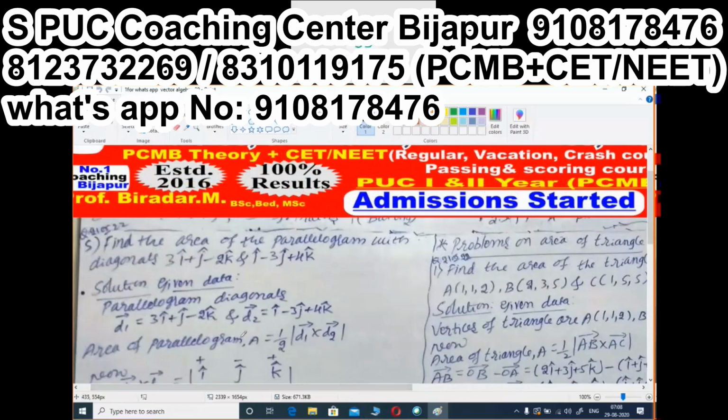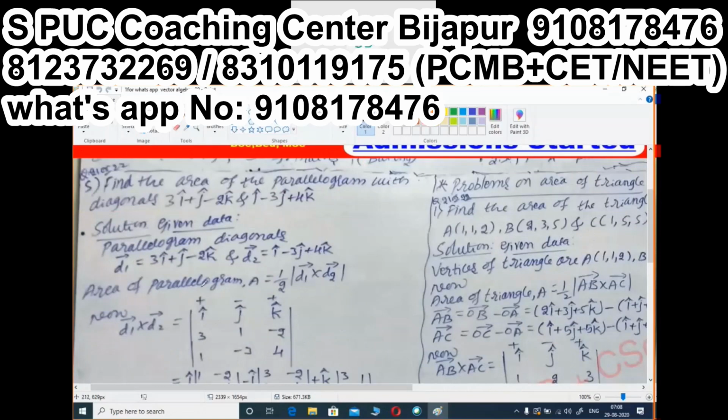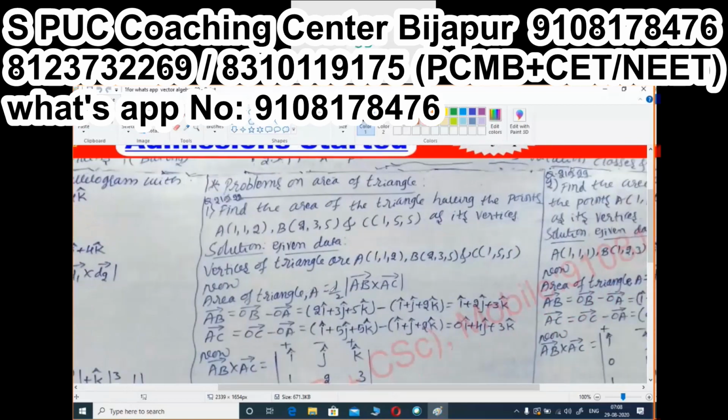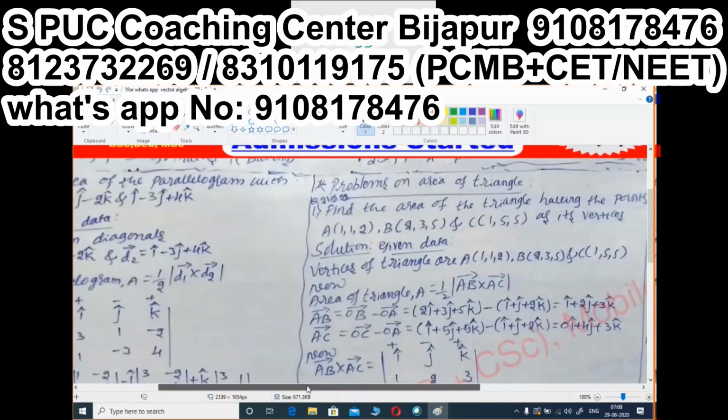Thereafter you carried out area of parallelogram, that is 1 by 2 d1 vector cross d2 vector. In the same fashion here you are going to find out area of the triangle as 1 by 2 AB vector cross AC vector. Let us first note about the given data. Thereafter we shall proceed to the solution.